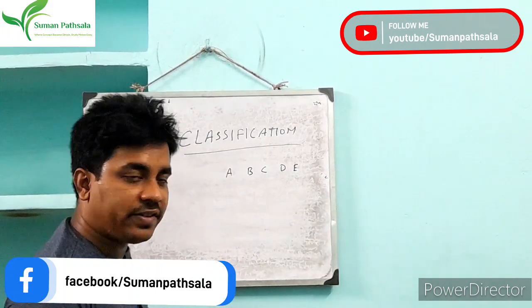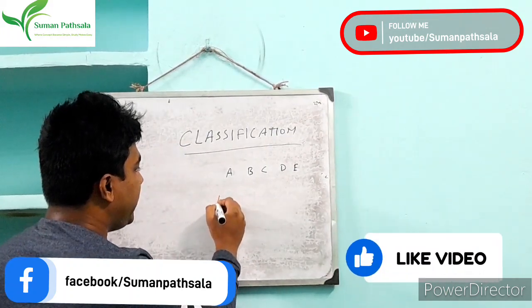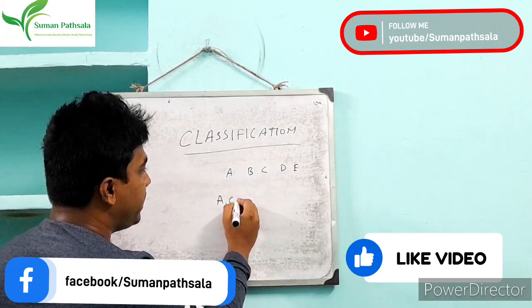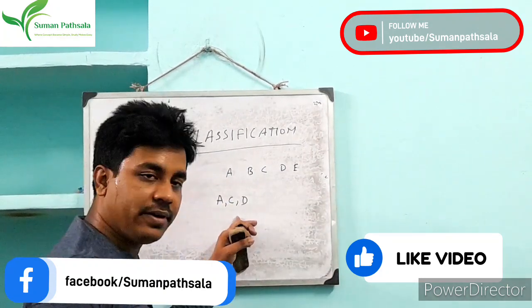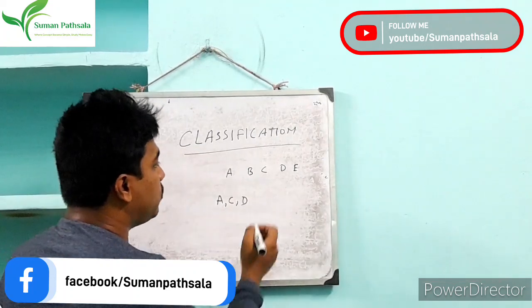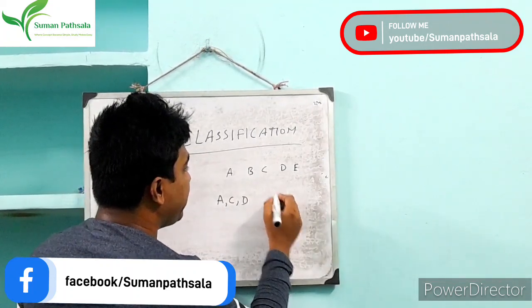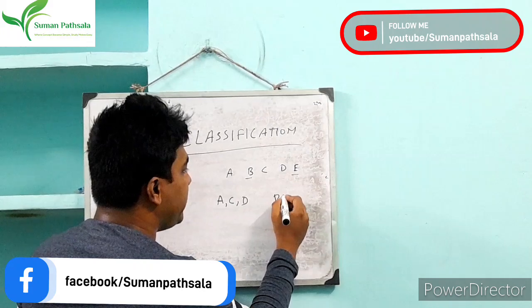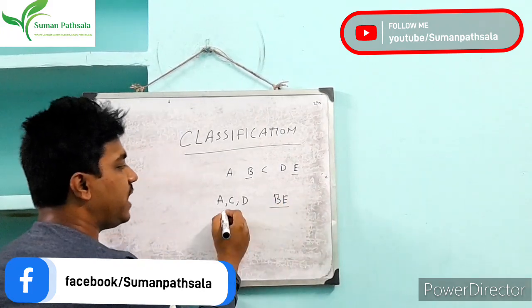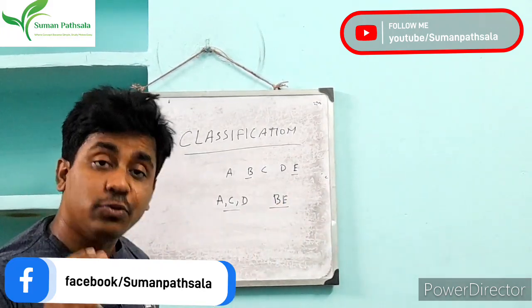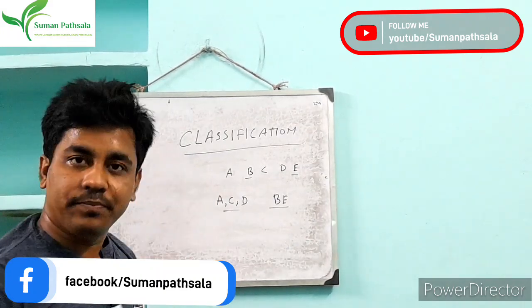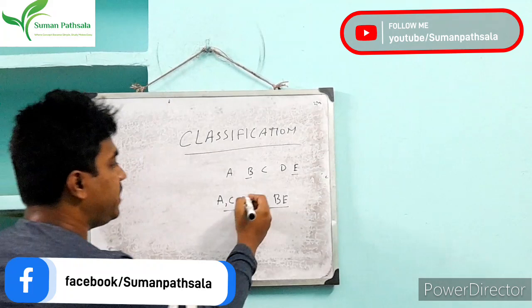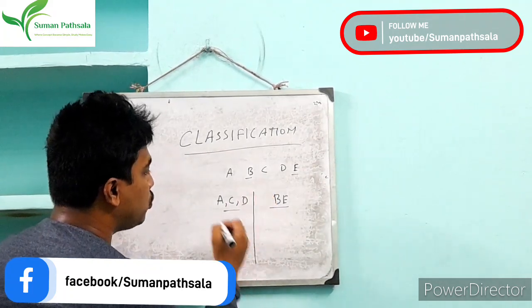Suppose you notice that A, C and D have the same character, and B and E have the same character also. Then you decide it is good to group them, and you divide them into two groups.